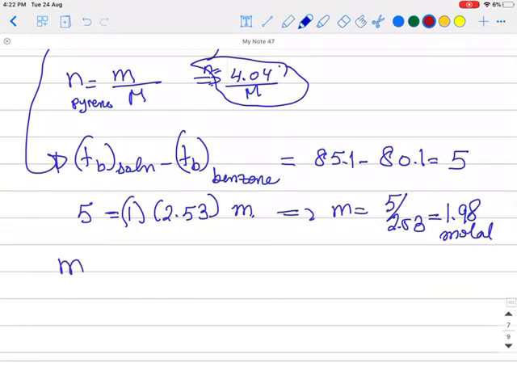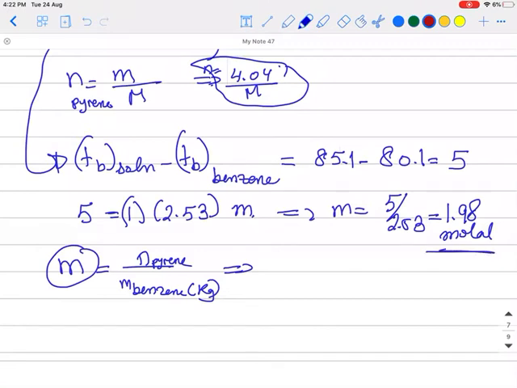Now I can find the number of moles, because the molality is simply the number of moles over the mass of benzene in kilograms. So it's the number of moles of pyrene. Let me substitute for the molality I found, 1.98 equals the number of moles I need to find over the mass of benzene.